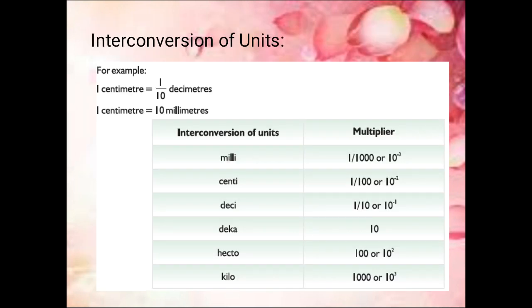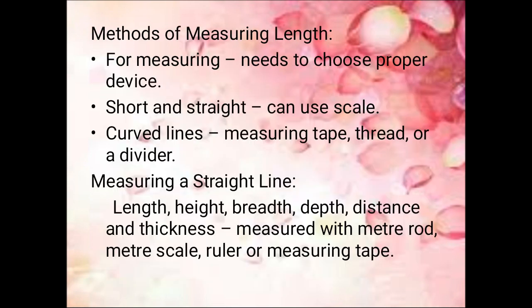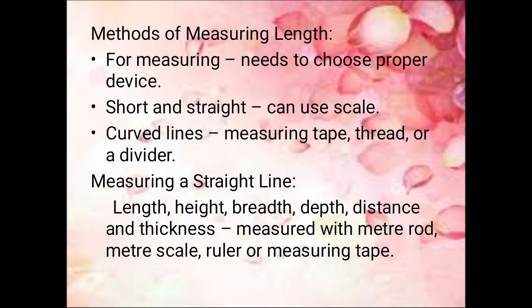Then we saw how to convert a lower order measurement to a higher order measurement. Then some measuring techniques for measuring a straight line or a curved line. For a straight line, we measure using a scale or ruler. For a curved line, we measure using a thread. So these are the topics we discussed in this chapter, right?